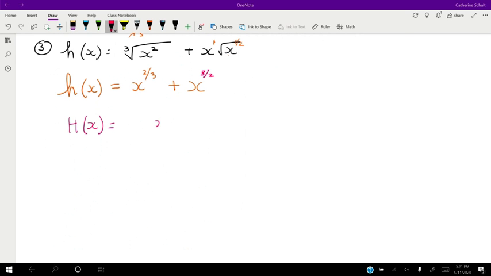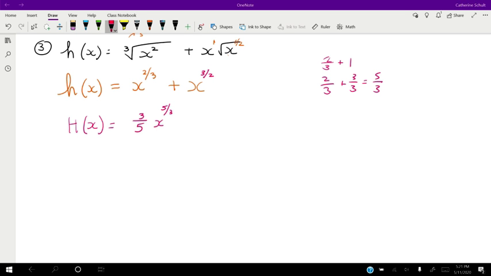So for instance, whose derivative is x to the 2/3? Well, we're going to add 1 to 2/3. 2/3 plus 1 is like 2/3 plus 3 over 3, which is 5/3. So that's the exponent of the antiderivative. And now the coefficient is going to be 1 over that exponent, so the reciprocal, 3/5.